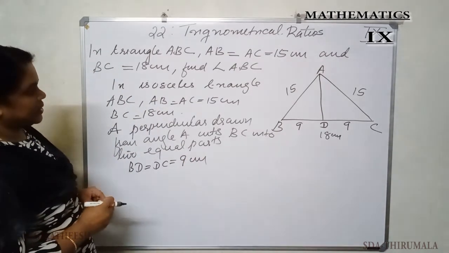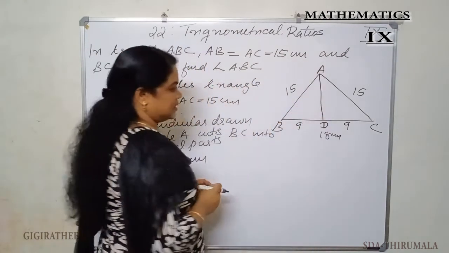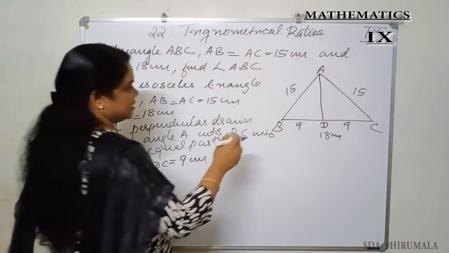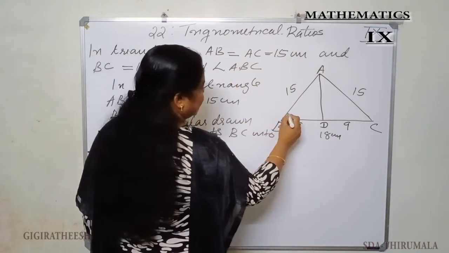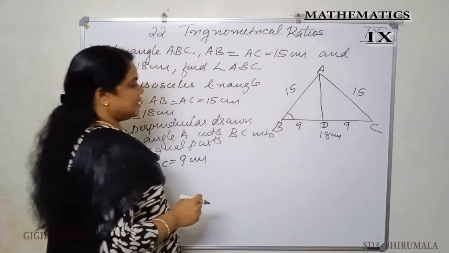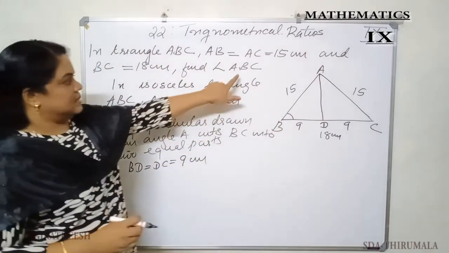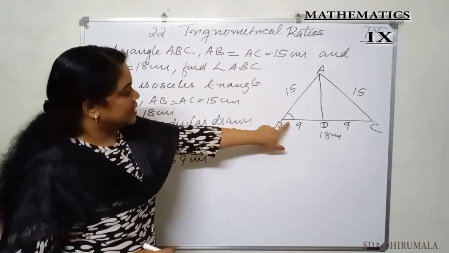After that, here we get a right angle triangle, and for this right angle triangle we need angle ABC. B is the reference angle.